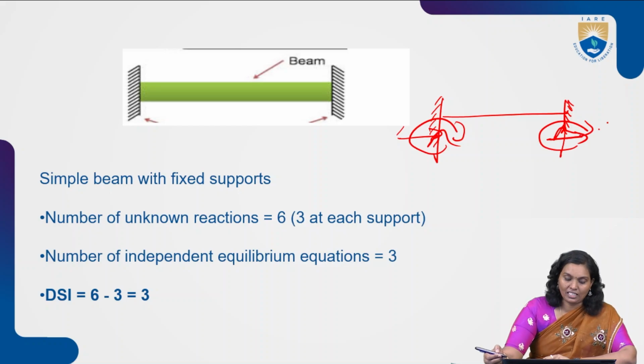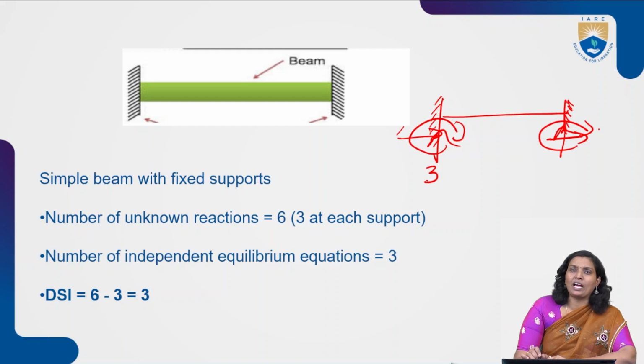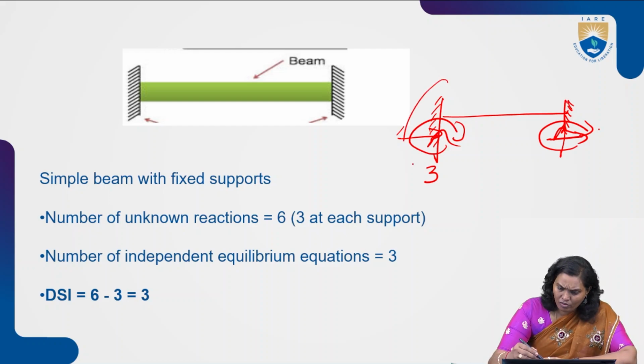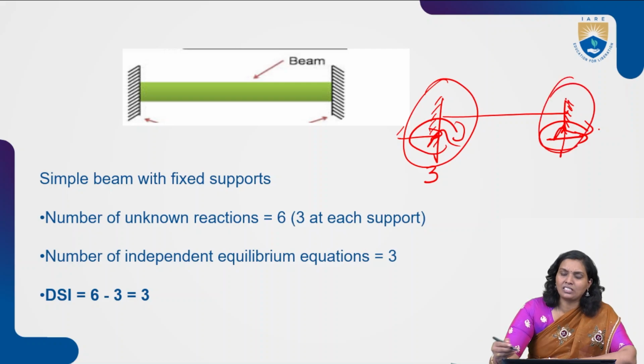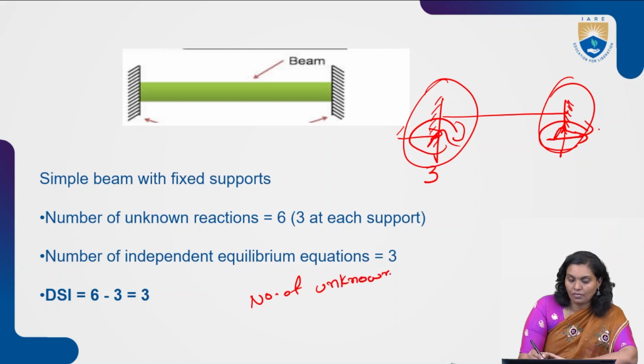So the number of unknown reactions at each fixed end is 3, and since both ends are fixed, the number of unknown reactions is 3 into 2, as 2 fixed supports are there.